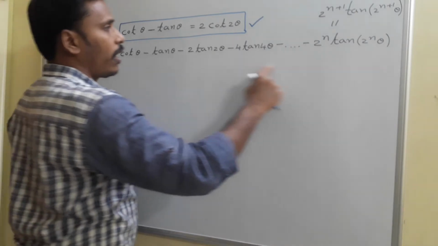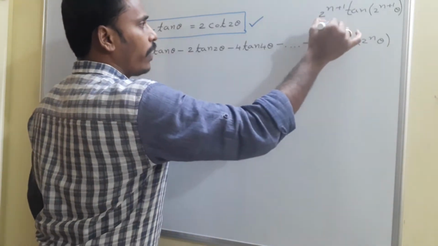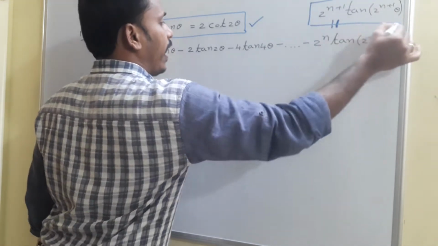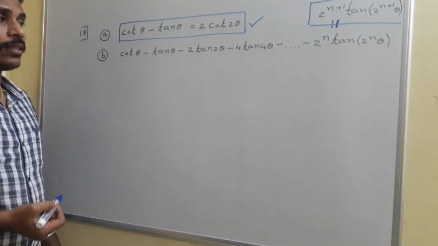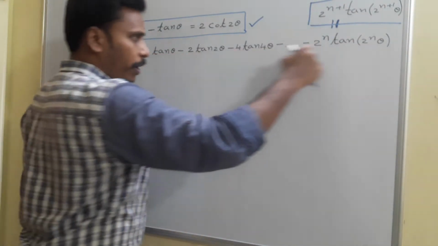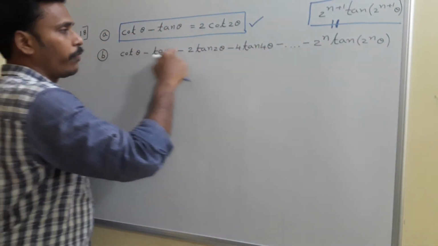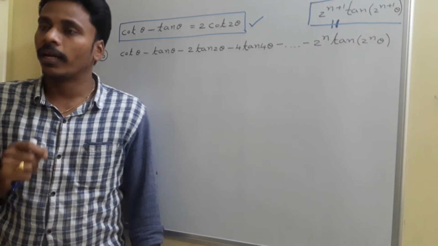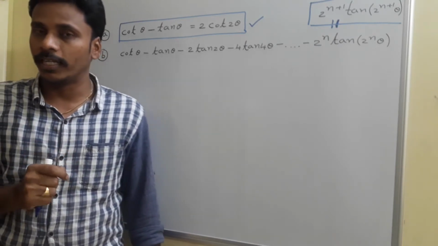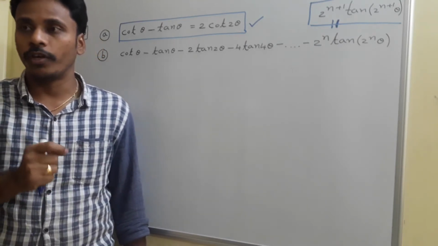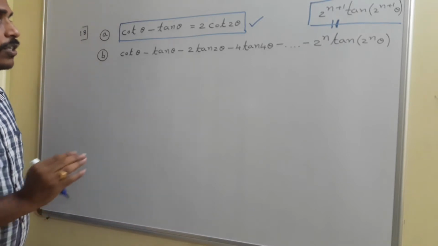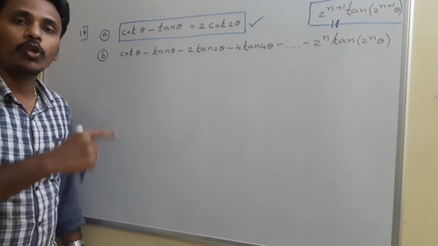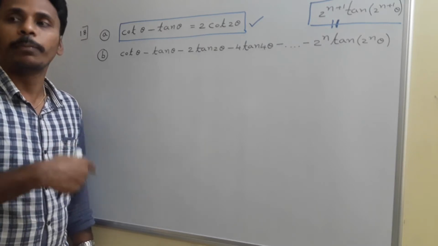This summation, on simplification, you will get as 2 power n plus 1 times cot of 2 power n plus 1 theta. That's what we need to prove here. To prove this 18b, we need to use 18a repeatedly.